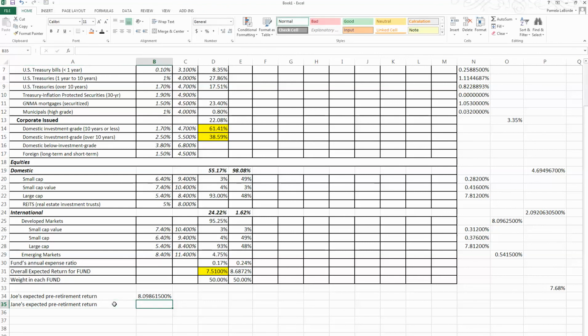I would do this again for their post-retirement. Sometimes in some of the Sims scenarios, I made them change their funds from pre to post-retirement. In other scenarios, I said they were going to keep their money in the same fund. So for some of you, calculating post-retirement will be identical to pre-retirement for run number 2.